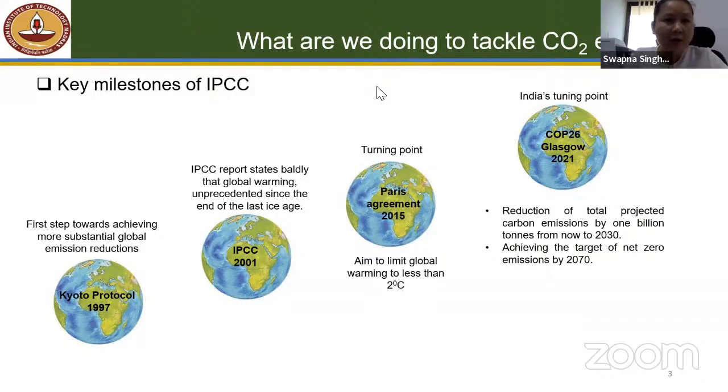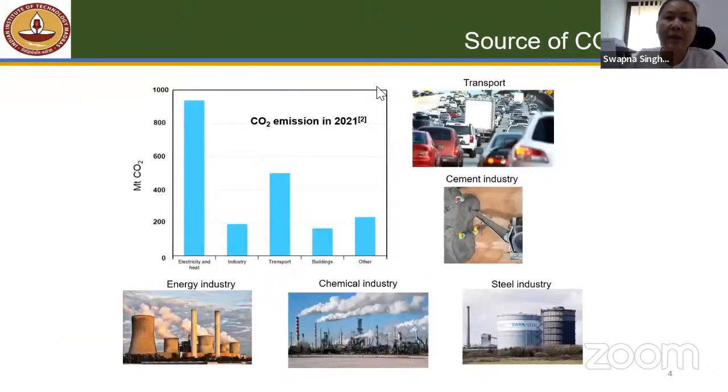What is the status of these climate change policies? Now, where is the CO2 emission coming from? This is the CO2 emission in 2020, after 2021, the most recent global CO2 emission.